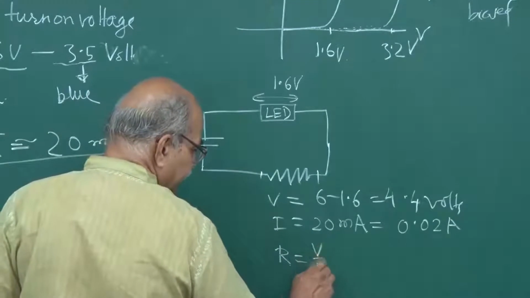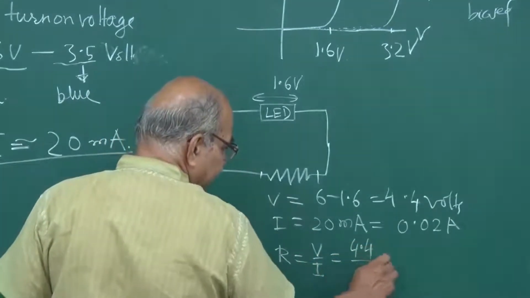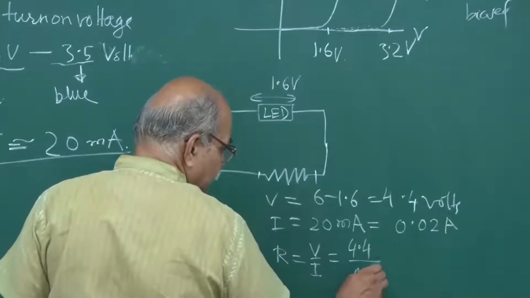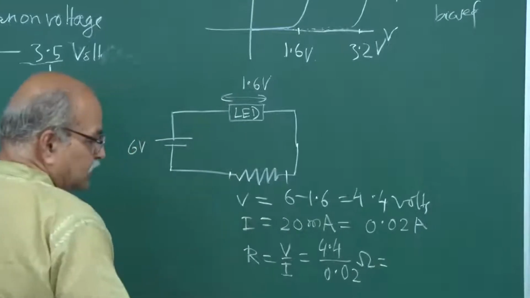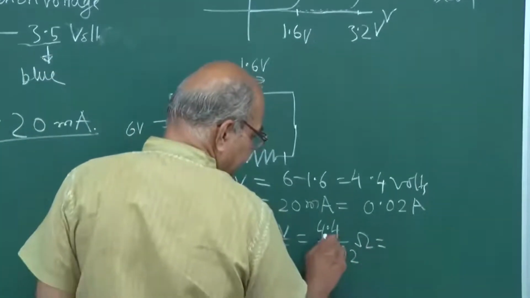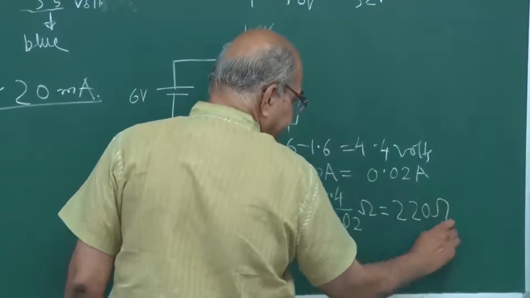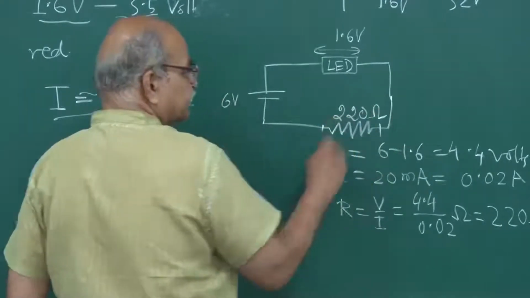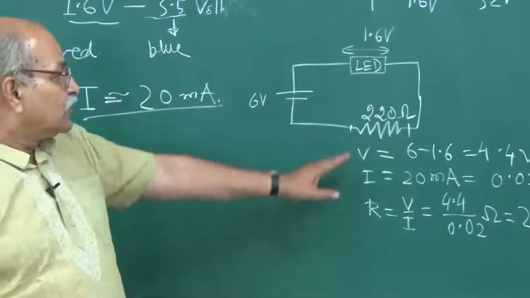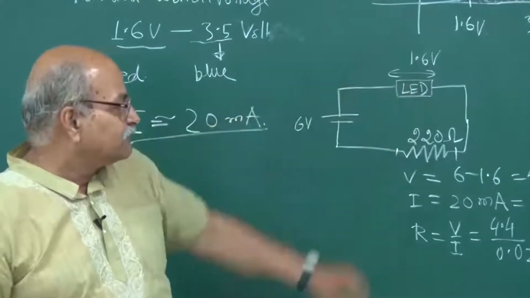Resistance should be V by I, that is 4.4 divided by 0.02 ohm. So how much is that? 440 by 2, that is 220 ohms. So you should put a 220 ohm resistance here, so that it is running safe.